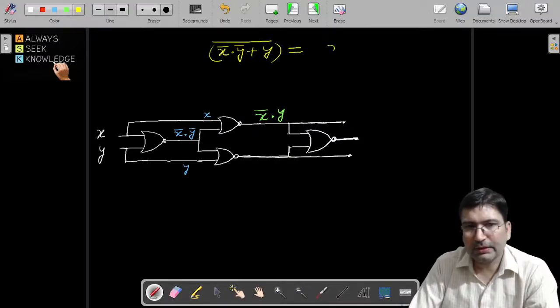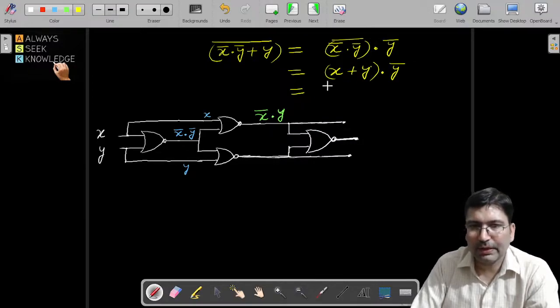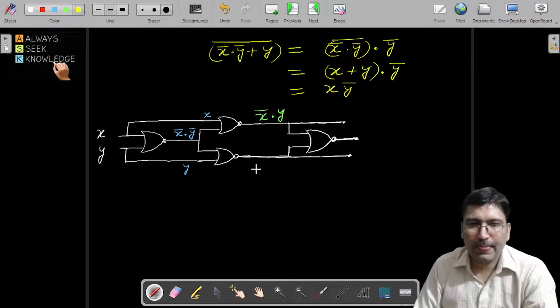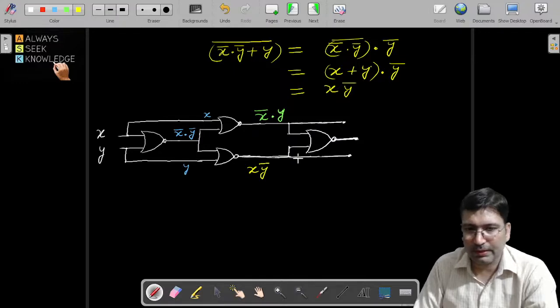So this will give us (X bar dot Y bar) whole bar dot Y bar, and when we open it, it will give us X double bar, so X plus Y double complement, so it will give us Y, and then dot Y bar. So when we open this, we will get X Y bar plus 0, Y along with Y bar will give us 0 only. So this line will give us X Y bar here.